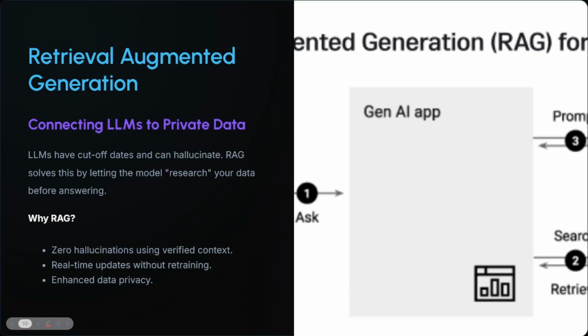So retrieval augmented generation, you can see, but even the best models have a cutoff date, or they hallucinate. That's where RAG comes into the picture. Instead of AI relying on its memory, RAG allows the AI to look in a vector DB like a digital library to find the exact document it needs and read it before answering you.